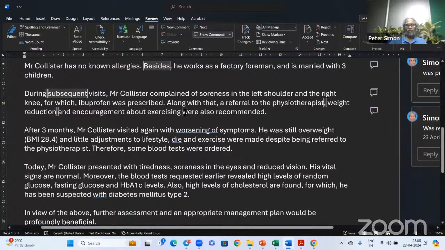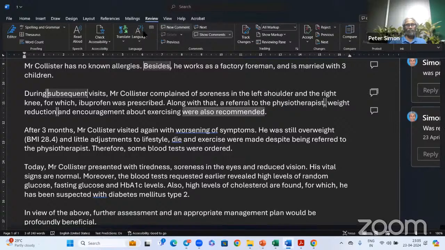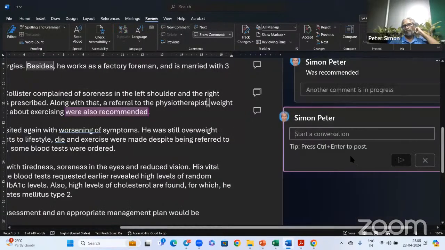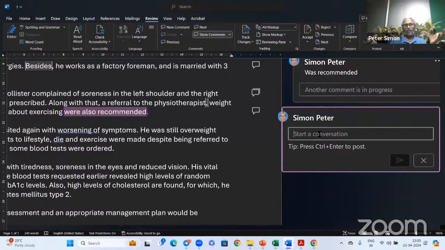So, three different things. They cannot match into only recommended. Referral recommended, weight reduction recommended, and encouragement recommended. How can you recommend encouragement?